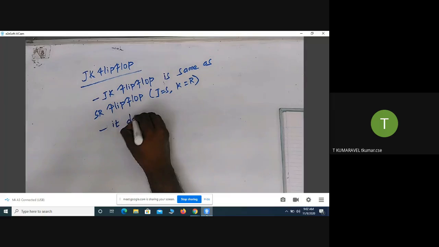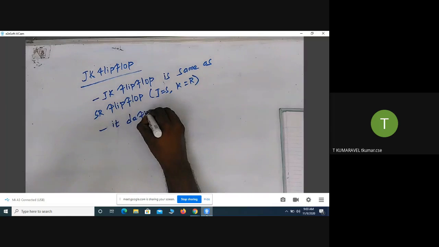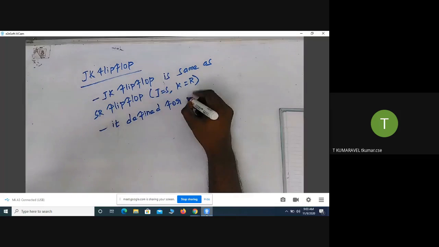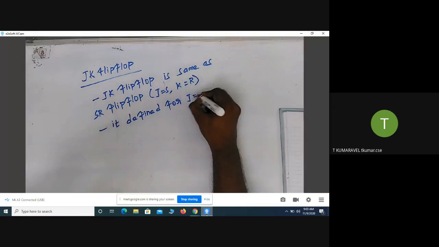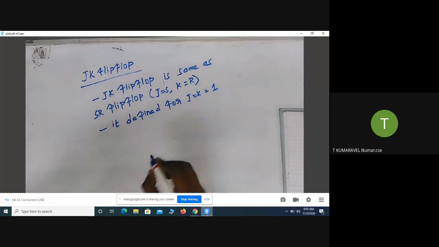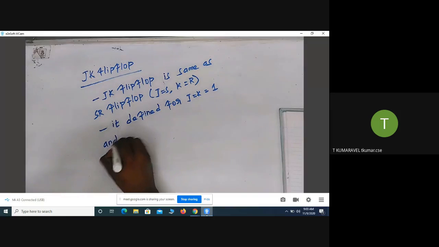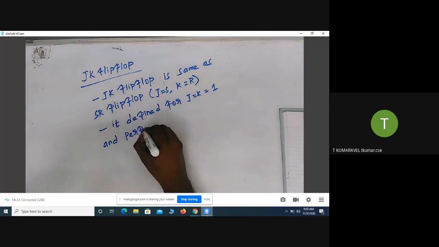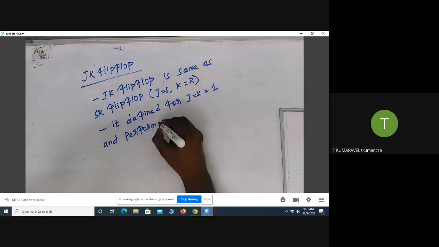It is defined for J and K equal to one. If both the inputs are one, it performs complementation.